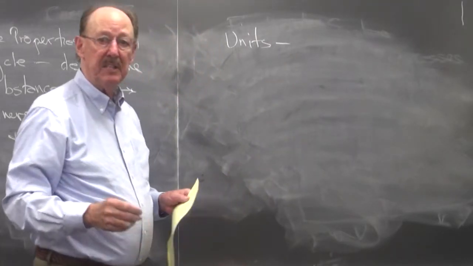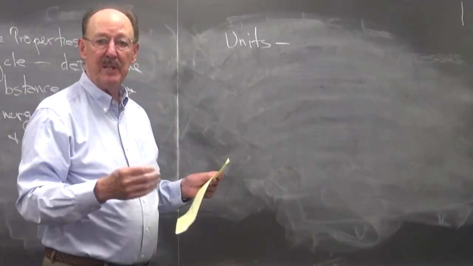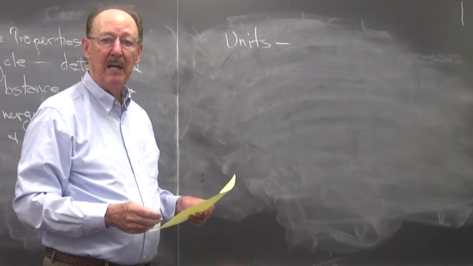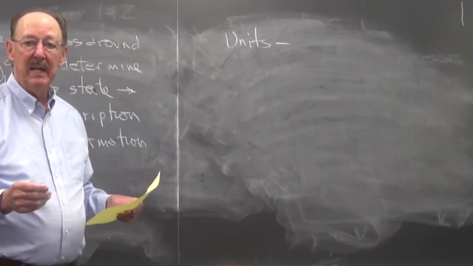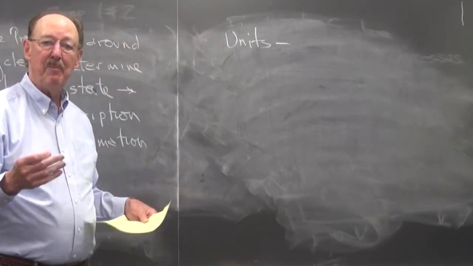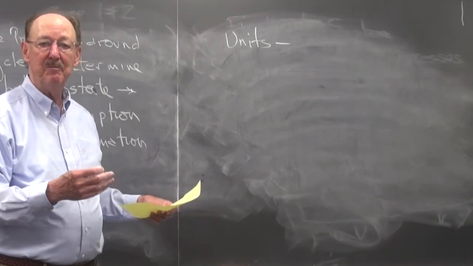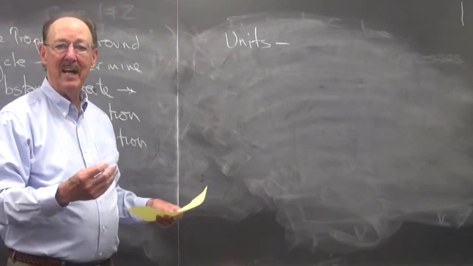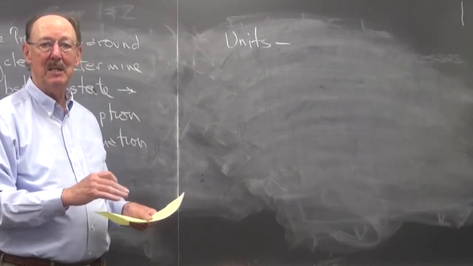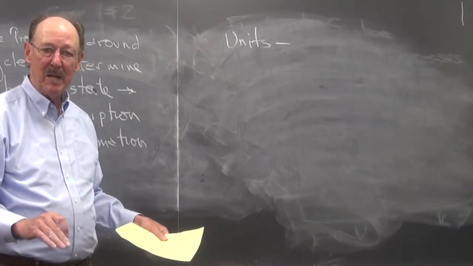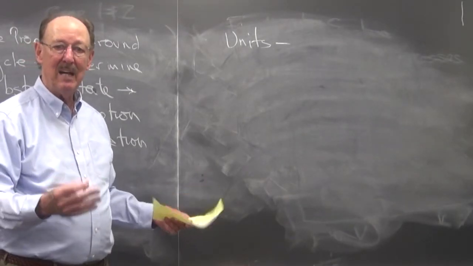In the text, it talks about the English system in depth as well as the SI system. But I found that in the beginning course, if I have both systems going on, there's confusion based on systems and not on thermodynamic concepts. So I want to keep the system thing as simple as possible so that we can focus on concepts and conceptual understanding.